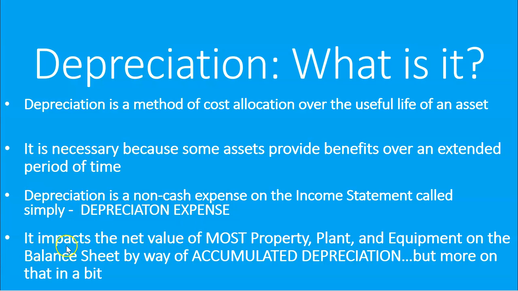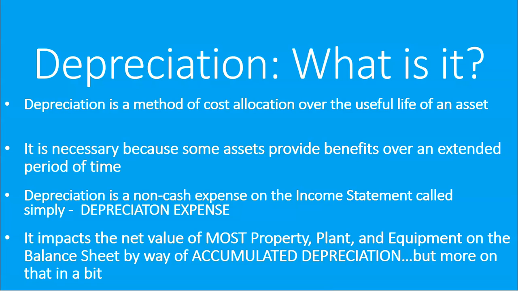Depreciation impacts the net value of most property, plant, and equipment on the balance sheet, otherwise known as long-term assets. It does say most here because one aspect of property, plant, and equipment is land, and we'd never depreciate land.